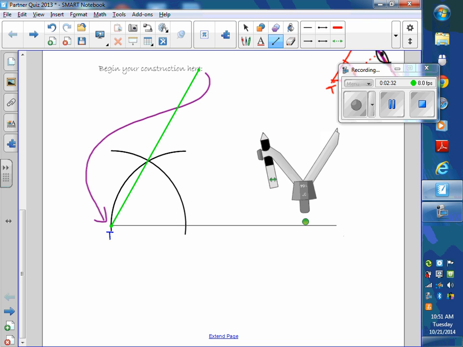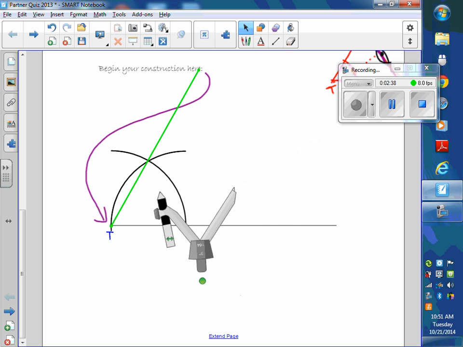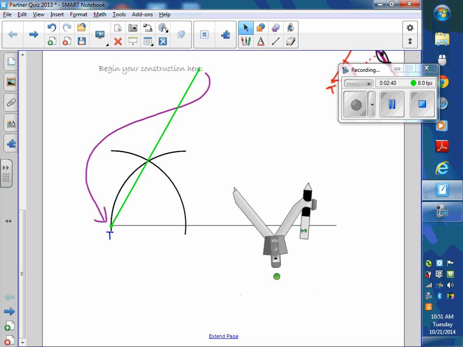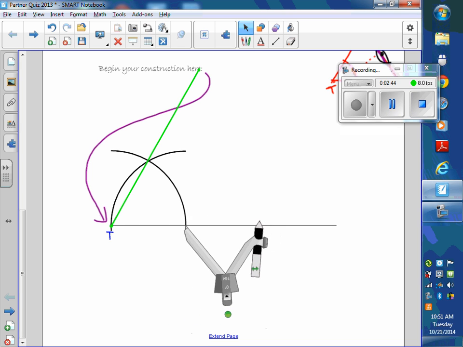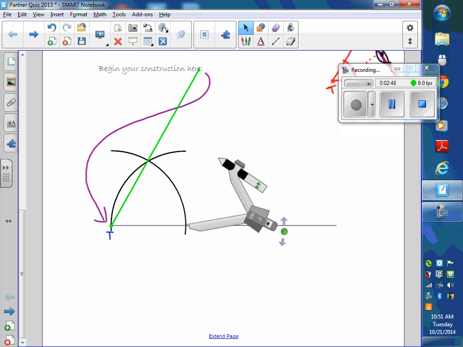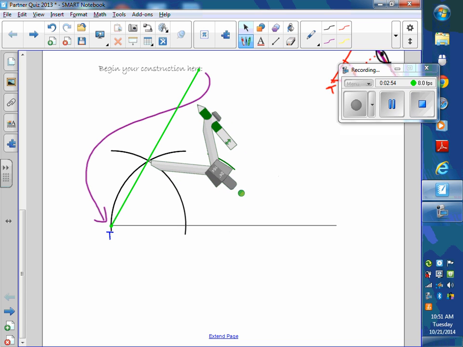Now I'm going to bisect that angle, because I know my altitude, since it's an equilateral triangle, is also an angle bisector. So I just put my compass here, because I already made a mark. I'm going to bisect my angle to figure out the path of my altitude.